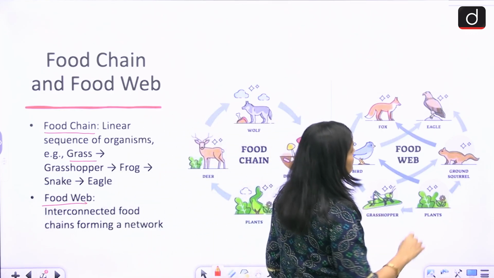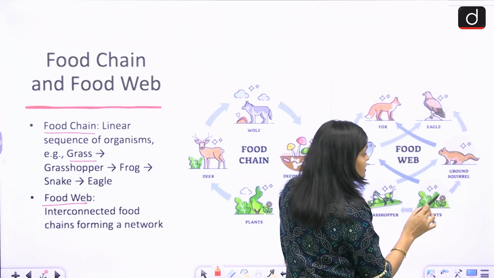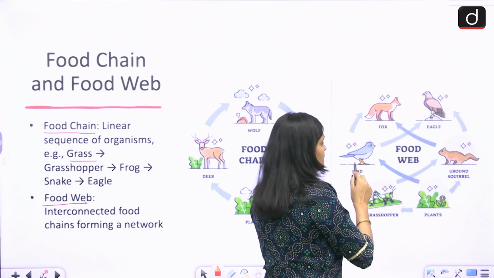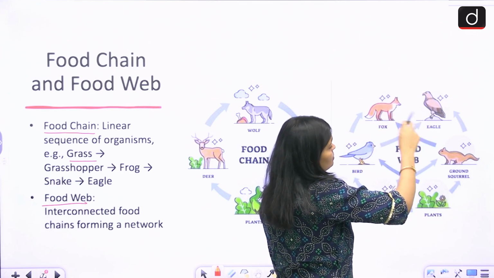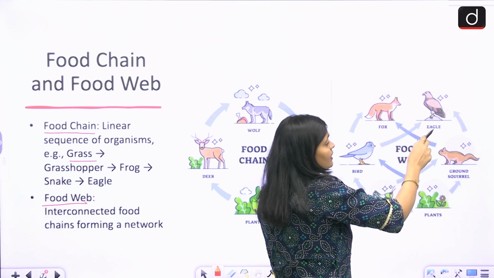In a food web, see here what happened. Again we have plants. This plant is eaten by the grasshopper, okay? Grasshopper eaten by bird, bird eaten by fox, and the bird also eaten by eagle, right?